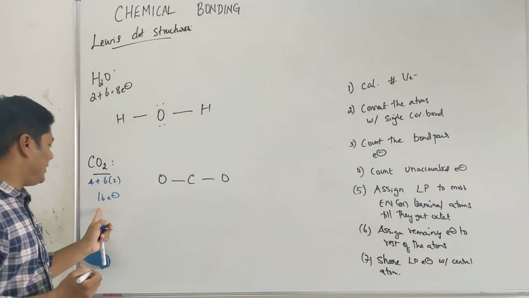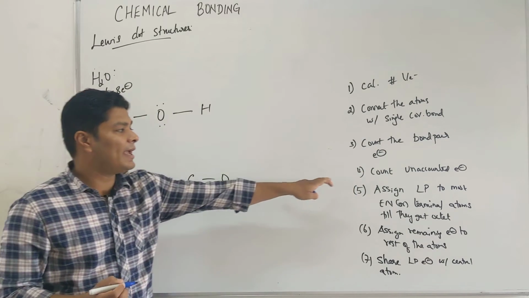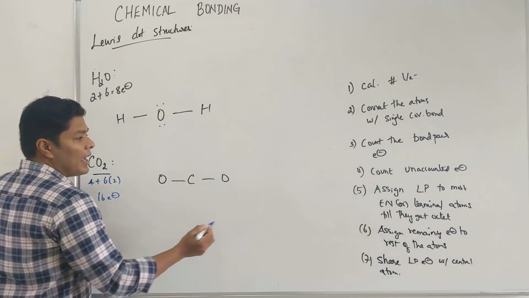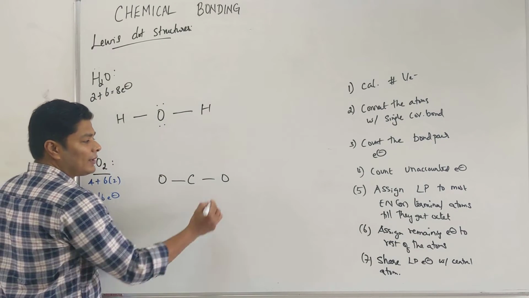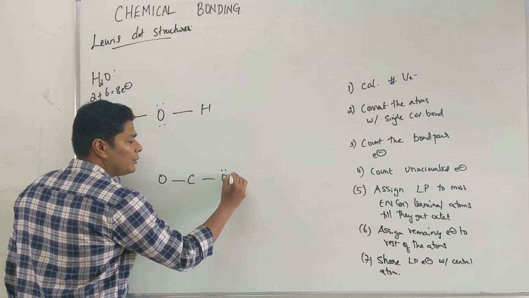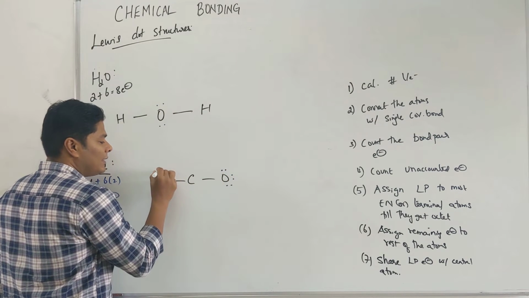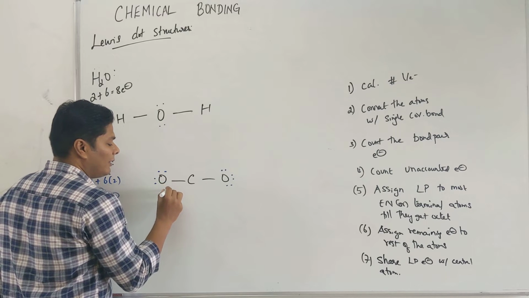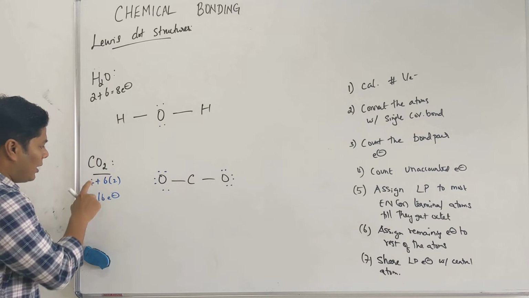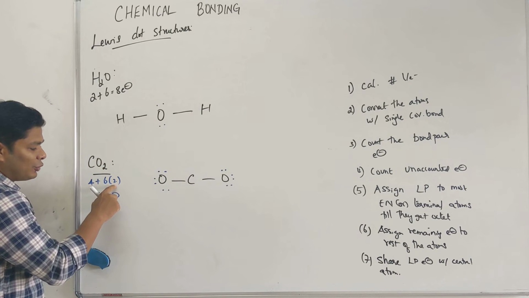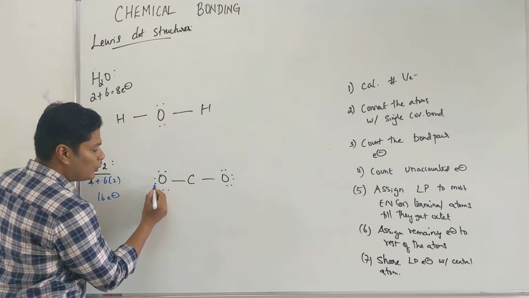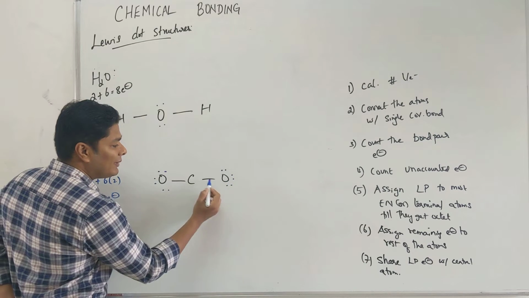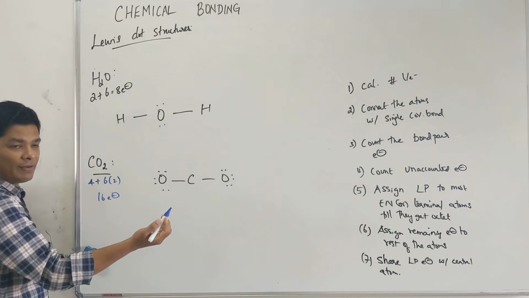So total is 16, 4 is counted, the remaining 12 electrons I assign to the most electronegative element, oxygen. Out of 16 everything is accounted for.